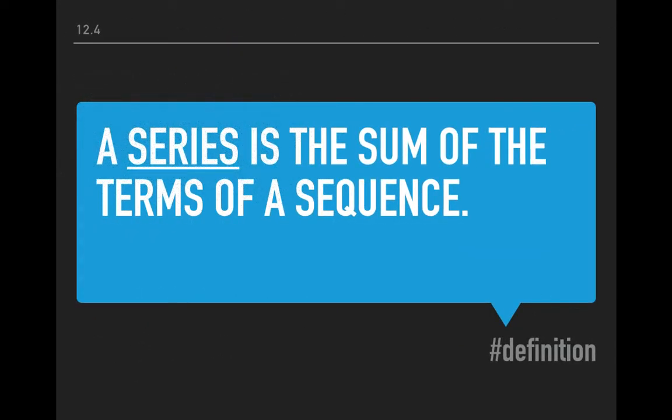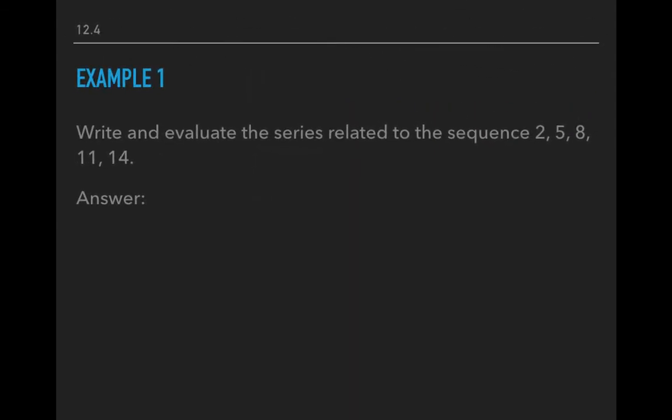A series is a word to describe the sum of terms of a sequence. So when you add up all the terms in a sequence, that is called a series. So we're going to write and evaluate the series related to this sequence.